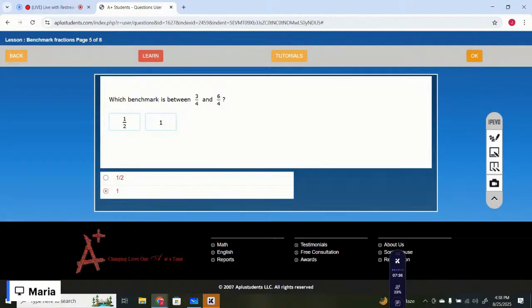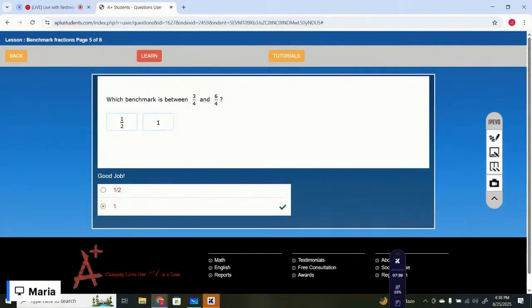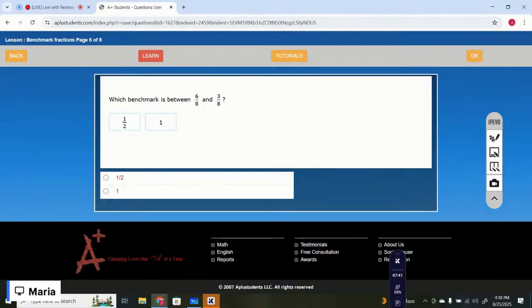Option number 2 is the correct option. Which benchmark is between 6 by 8 and 3 by 8? That is again 1.